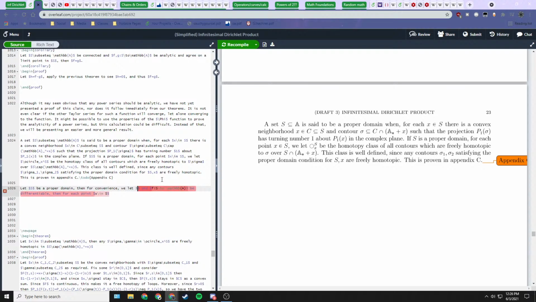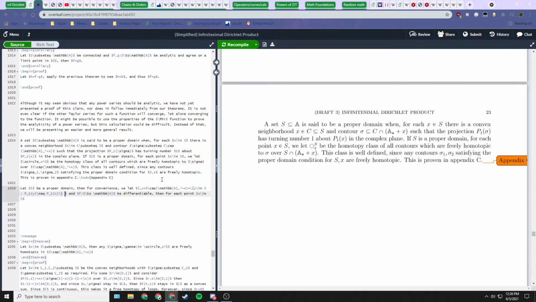For convenience, we let S sub x be equal to S intersect A star plus x, which is equivalently the set of y in S such that P1 of y is not P1 of x. Actually, let's do a superscript.